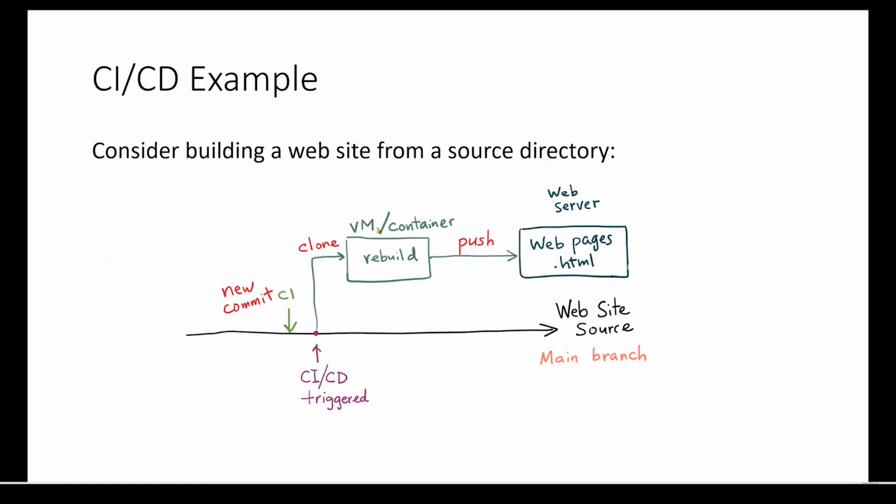These days, the way to do this is by copying the files to some virtual machine or container, which is a separate isolated place, where you do the rebuild and whatever testing you want. Once you make sure everything is okay, you push the final product, your website, to some web server.